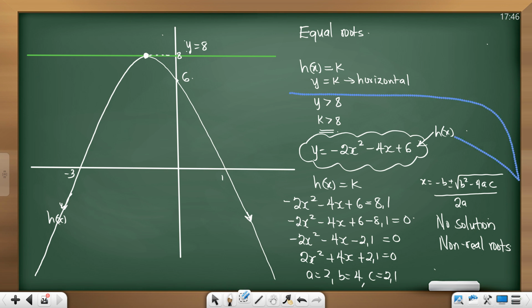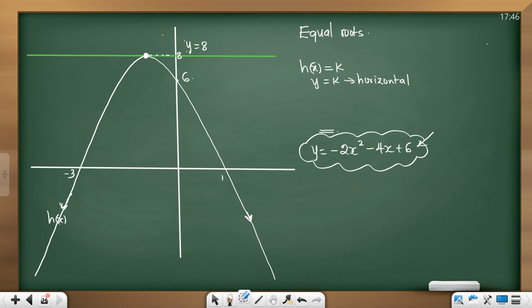We're going to do everything again. Don't worry, it won't take us time. I want you to understand equal roots. So if y equals 8, and I know that my k is equal to 8, here's my equation, my h of x.